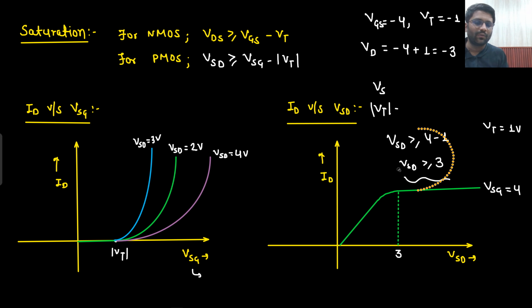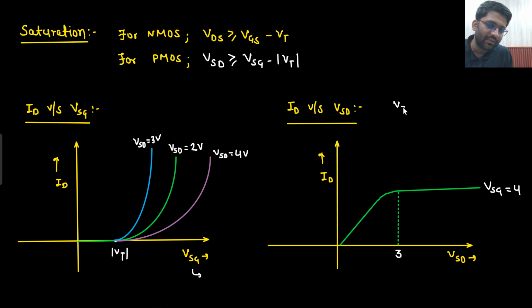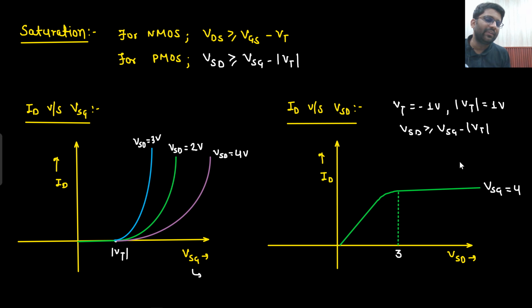So if mod of VT equals 1 volt, or better I should say that your VT is equal to minus 1 volt, then your mod of VT would be equal to 1 volt. So what is the condition? That VSD should be greater than or equal to VSG minus mod of VT. So always I will deal in the positive values. Always I need to deal in the positive values. We will have enough practice, don't worry about it.